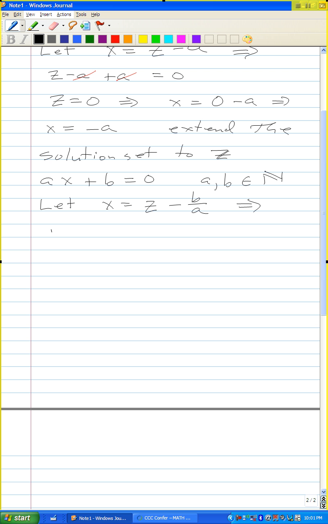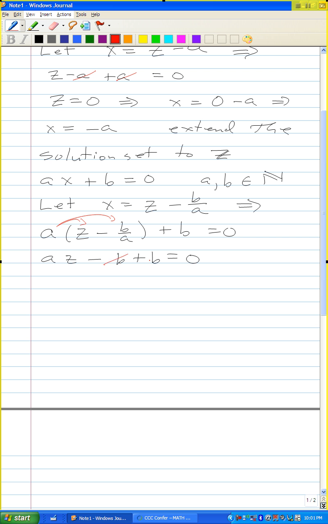Then I have ax plus b is 0. And so let's multiply a inside the parentheses. So I get az minus b, plus b is 0.